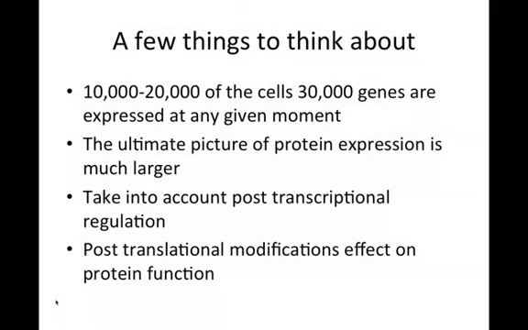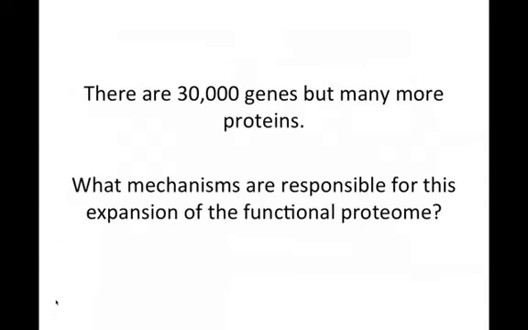And then there are post-translational modifications, such as glycosylation and phosphorylation. Those are covalent modifications on a protein that are going to affect its function. So this results in an expansion of the functional proteome.